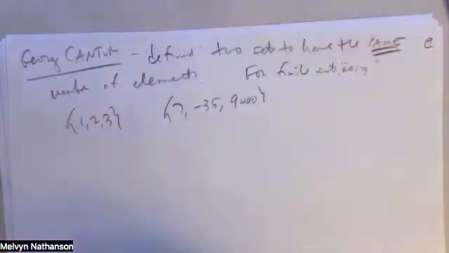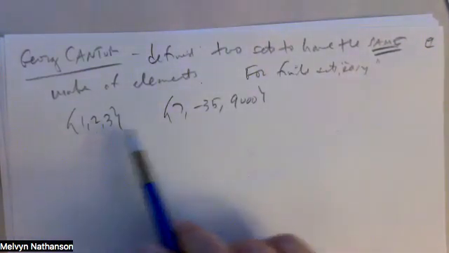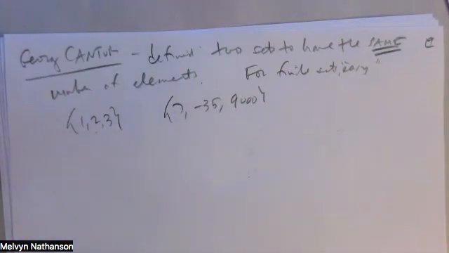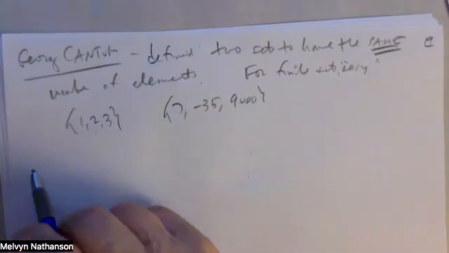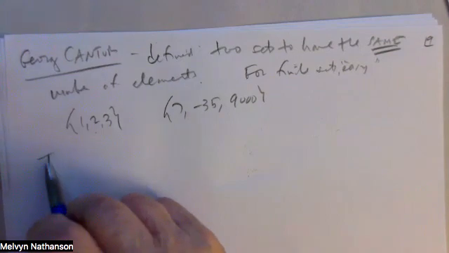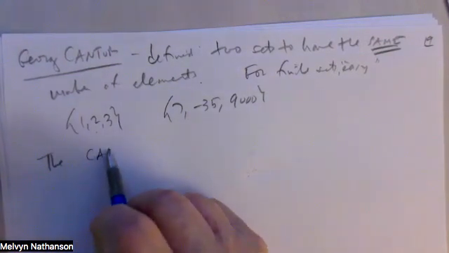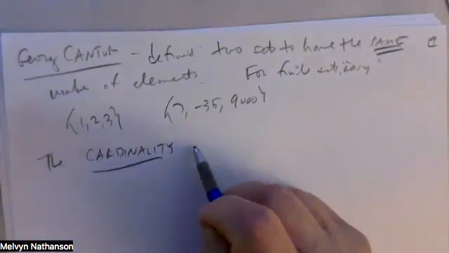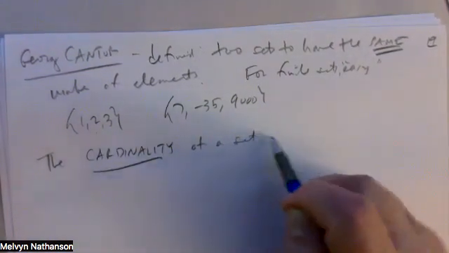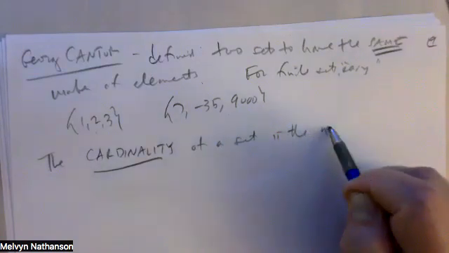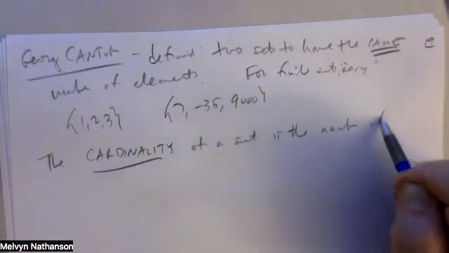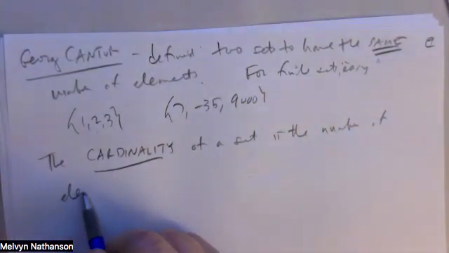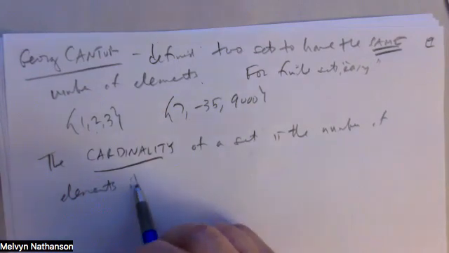I put easy in quotation marks, but this set has 3 elements, this set has 3 elements. And actually, we say that the cardinality, this is just a syntactical word for this, of a set is the number of elements it contains.